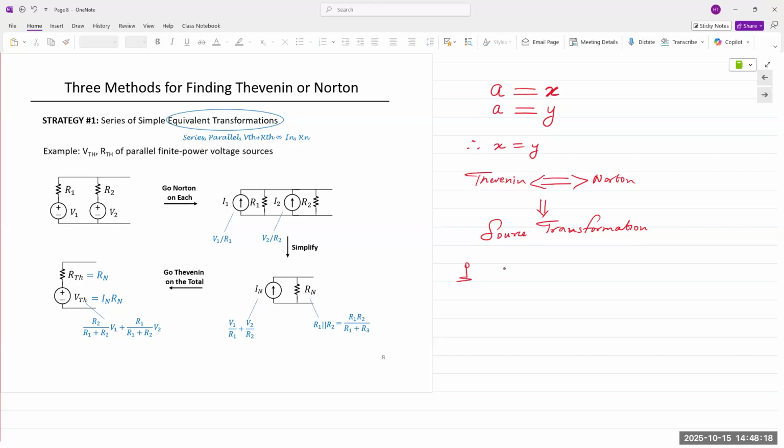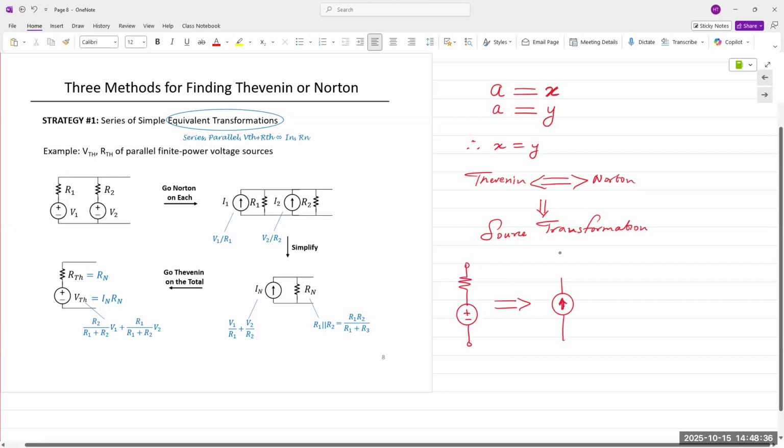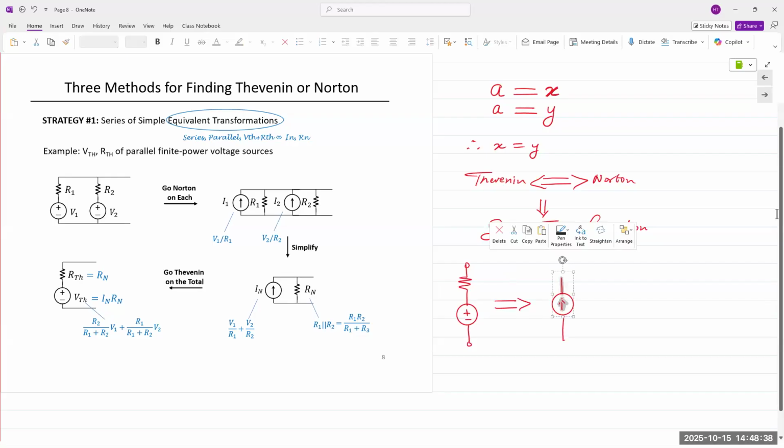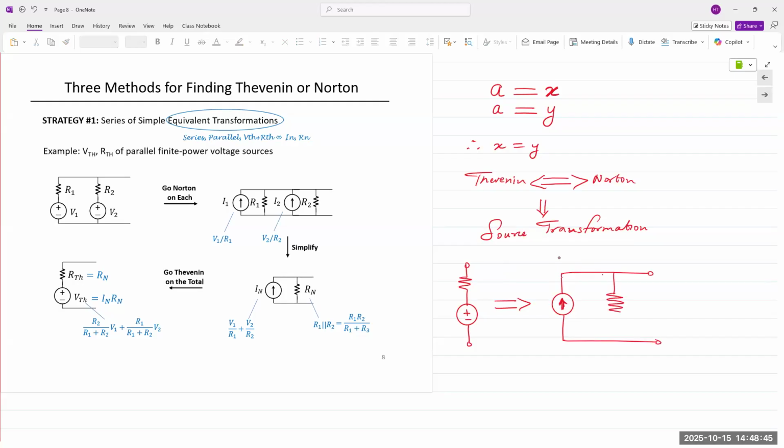So if you have a voltage source, you can transform it into a current source in parallel with that same resistance.